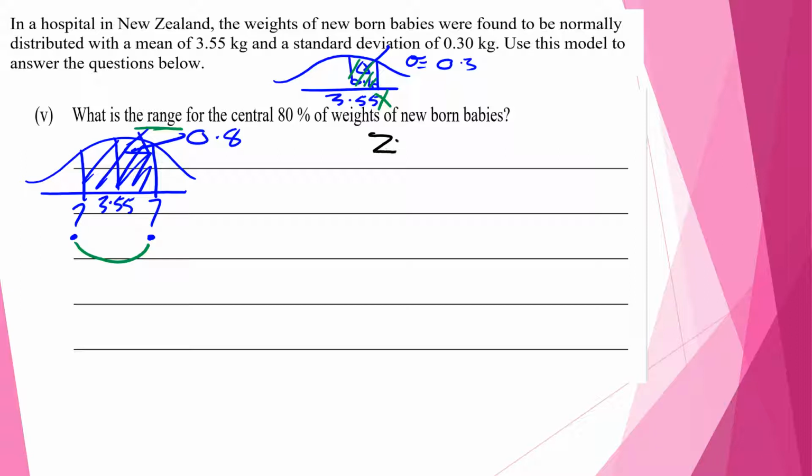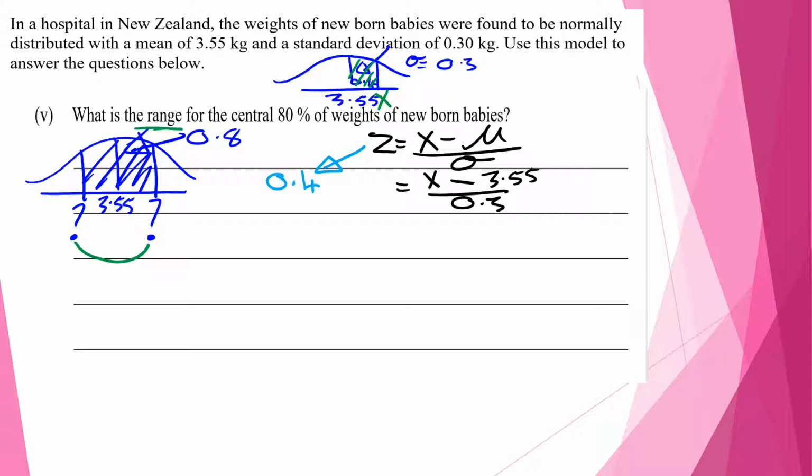So as we did before, our z calculation formula, and substitute in the values that we know. So we don't know the x value yet, we know the mean is 3.55, standard deviation is 0.3, and we can look up this z value by recognizing we want the area under the distribution curve to be 0.4, or the probability 0.4.